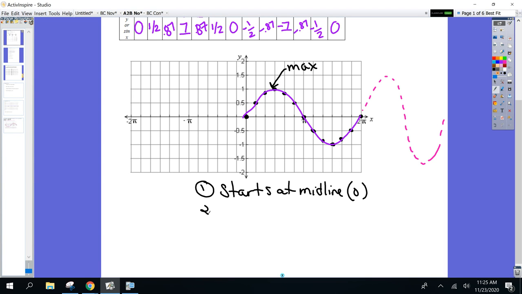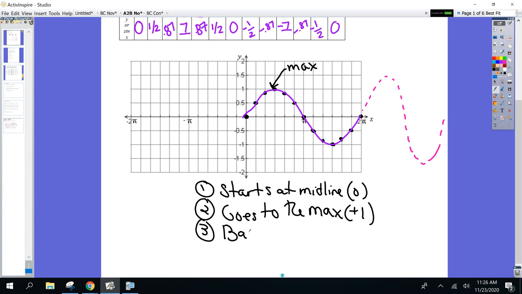So number 2 starts at the midline, goes to its max. Goes to the max, which was +1 for us. Okay, keep going. Keep following the curve. Where's it go from after the max? Back to where? Back to the midline. I don't want to say 0 because it may be different every curve.